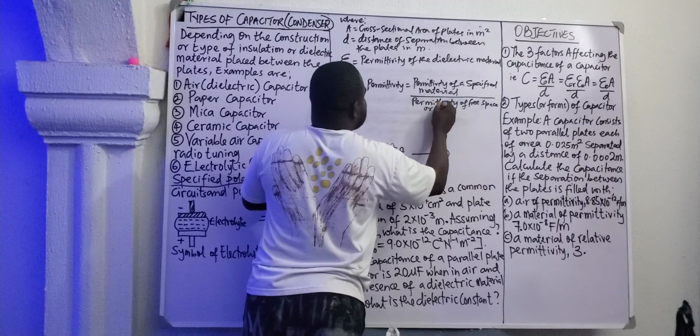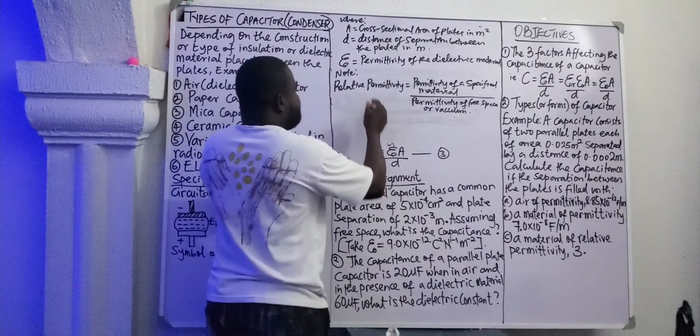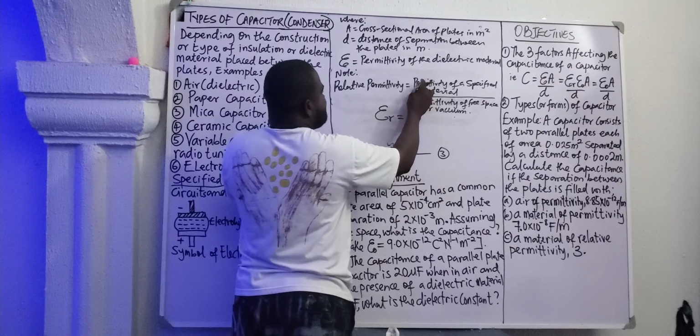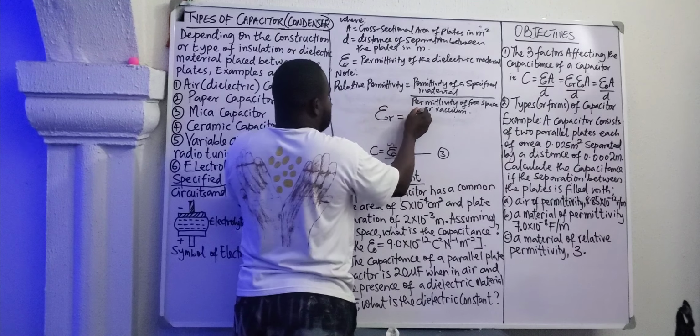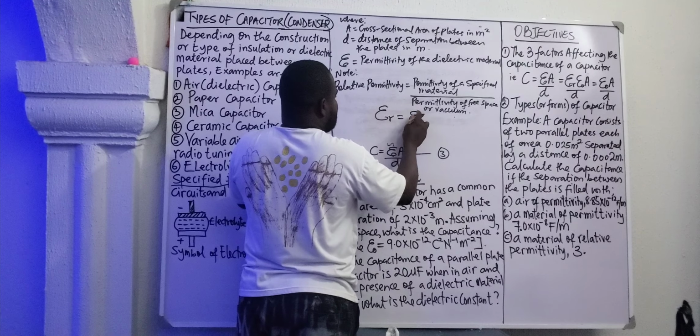Now, if I put it in symbol, relative permittivity, I will call it epsilon r. Permittivity of that specific material, I call it epsilon. And then the permittivity of air, I call it epsilon 0.